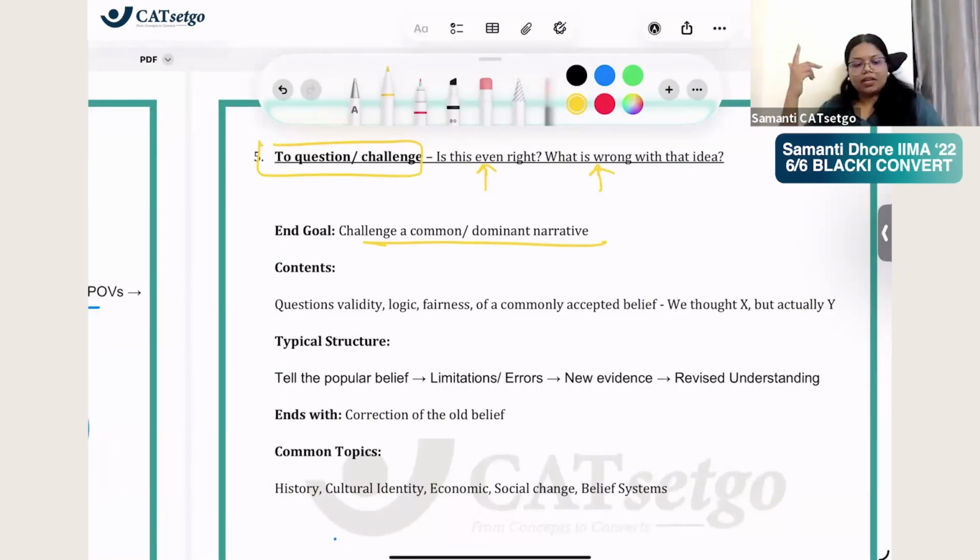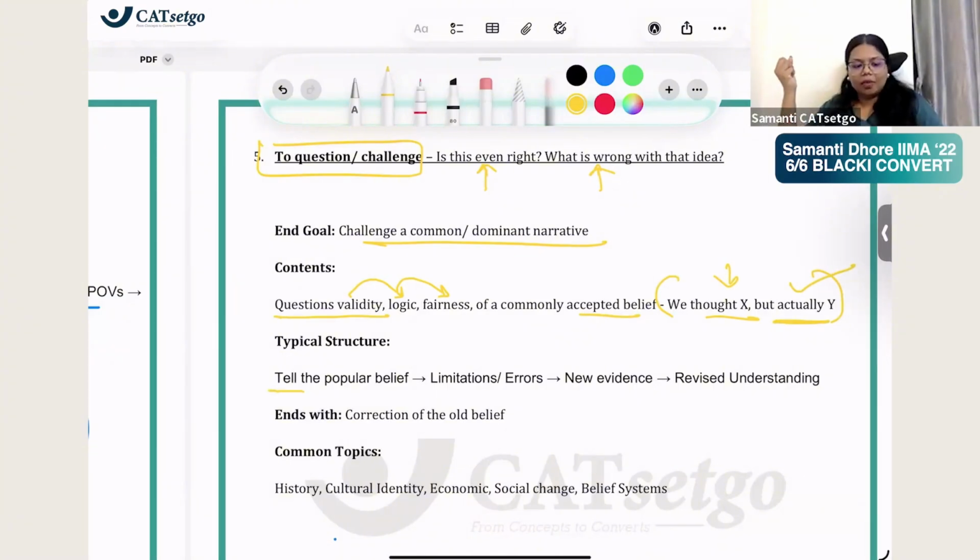Right? They question the validity, logic, fairness of any commonly accepted belief, and they are like, we thought it was X, but is it really true? And I'll give you a lot of counter examples, and I'll be like, but actually, why is it true? Here I am questioning something that was popularly believed.